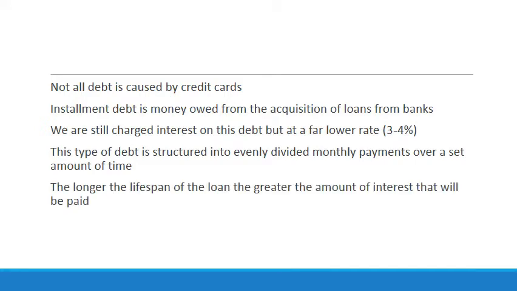The longer the lifespan of the loan, the greater the amount of interest that will be paid. So when you're talking about a house, there's a massive difference between a 30-year mortgage and a 15-year mortgage. Just like there's a massive difference between paying 3 years or 5 years on a car, because the longer you pay on it, the greater the amount of interest you're going to end up paying overall.